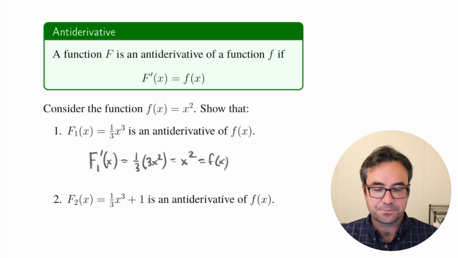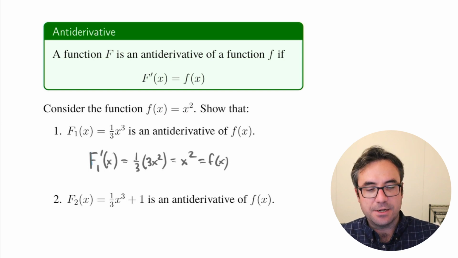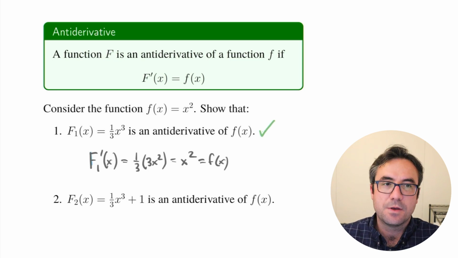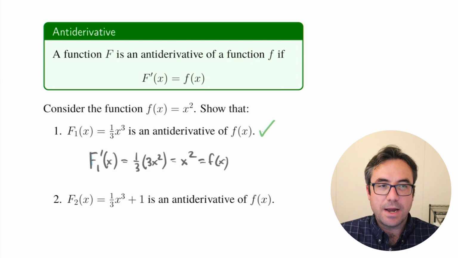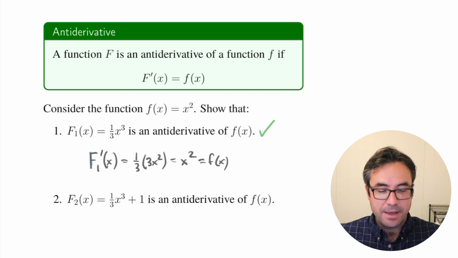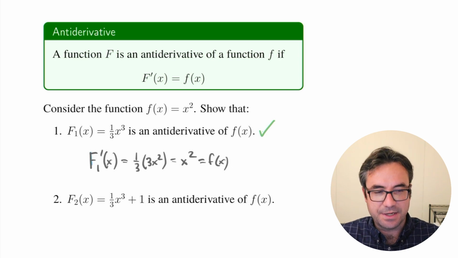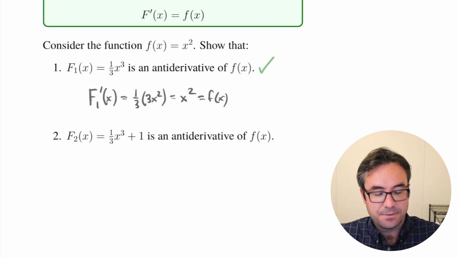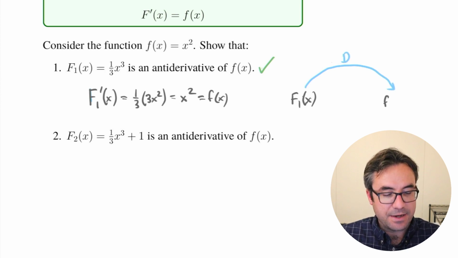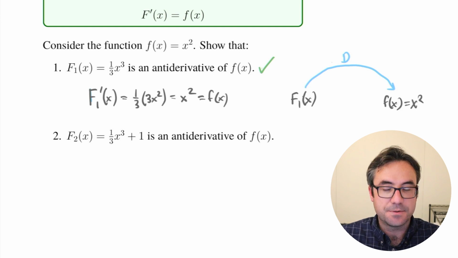All right. So, check. The fact that capital F1 prime is equal to little f of x means that it's an antiderivative. And the way to graphically think of this again is, we have the function capital F1, and we saw that when we differentiate, we get little f of x, x squared in this case.